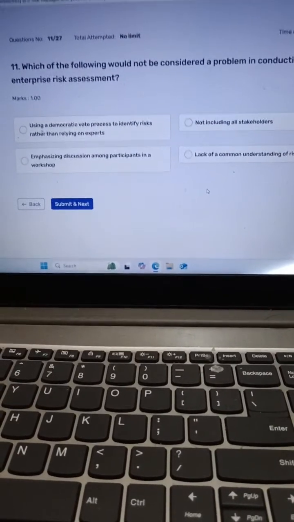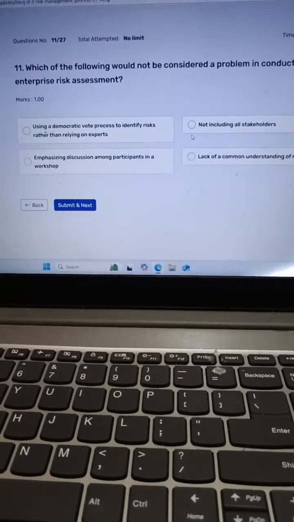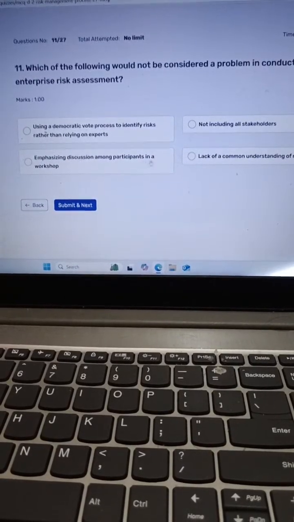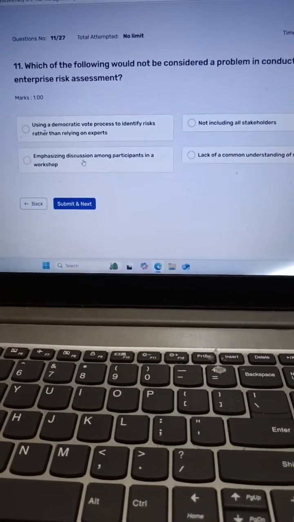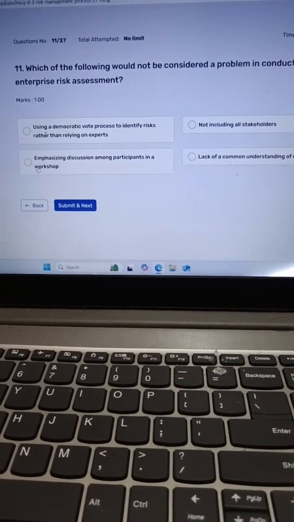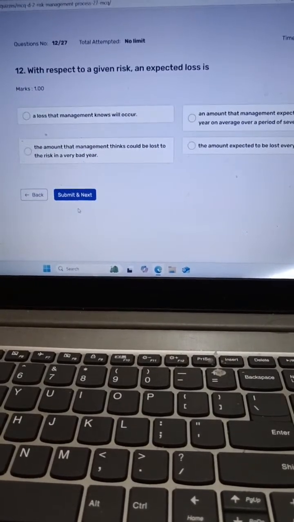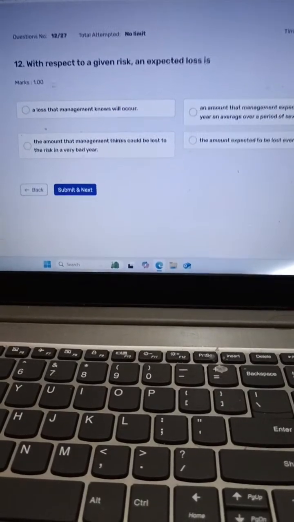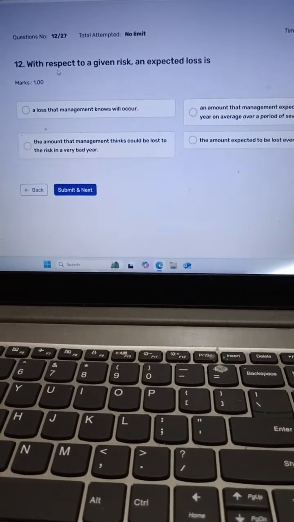Lack of common understanding of risks is okay, and not including all stakeholders. Emphasizing decision among the participants in the workshop: I think decision making should not happen in the assessment process, and we will see the answer later. What is the correct answer? But this is confusing to me as well.